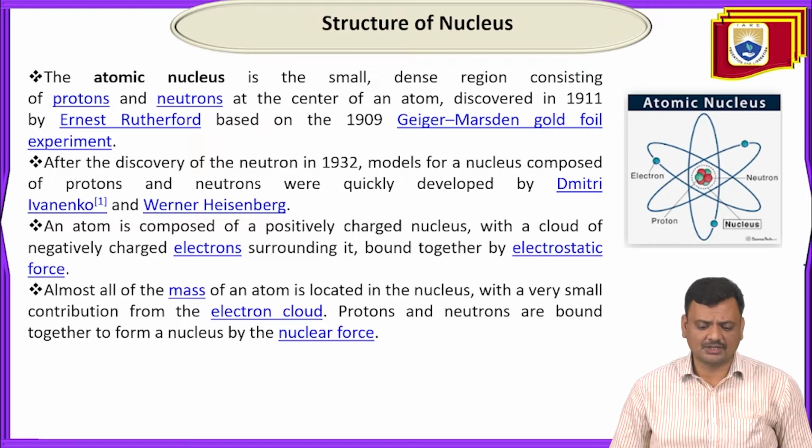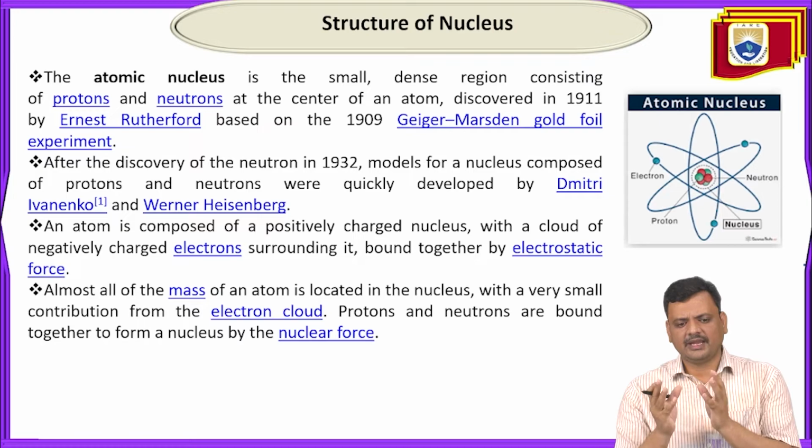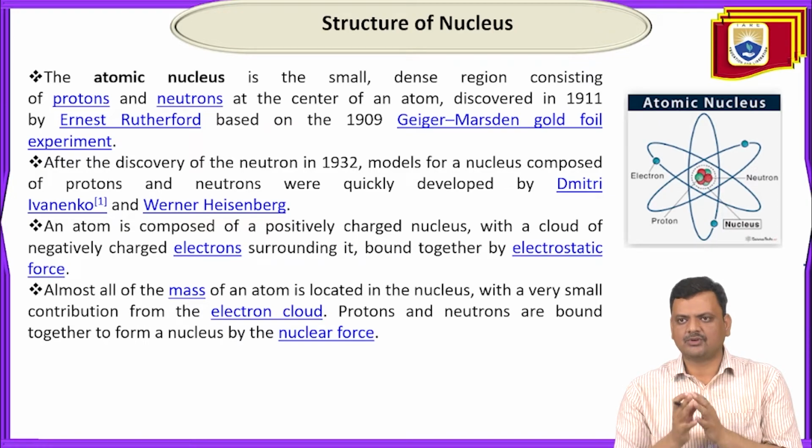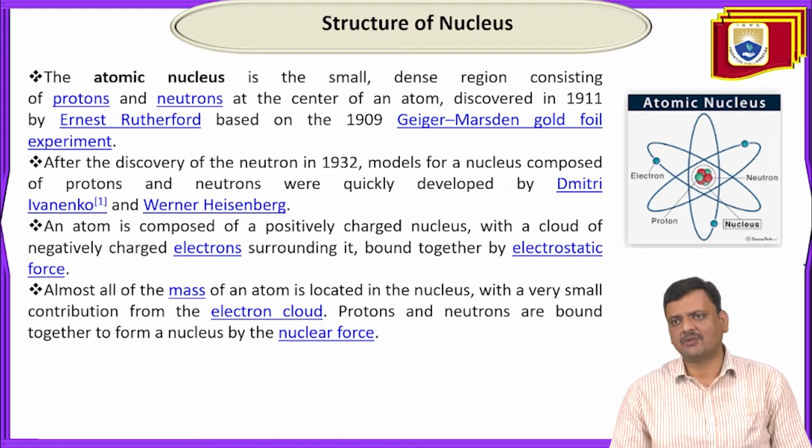Now, after the discovery of the neutron in 1932, models for the nucleus composed of protons and neutrons were quickly developed by Dmitri and Werner Heisenberg. A model means how the electron, proton and neutron inside the atom are situated. So there are different models proposed by different persons.